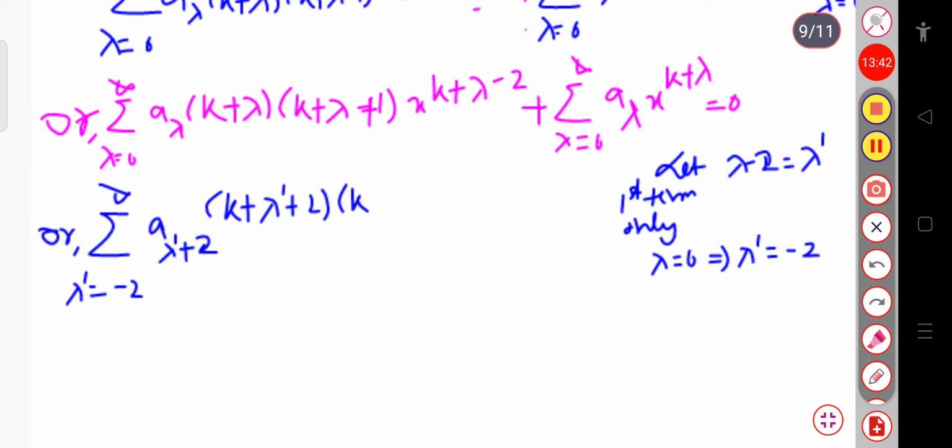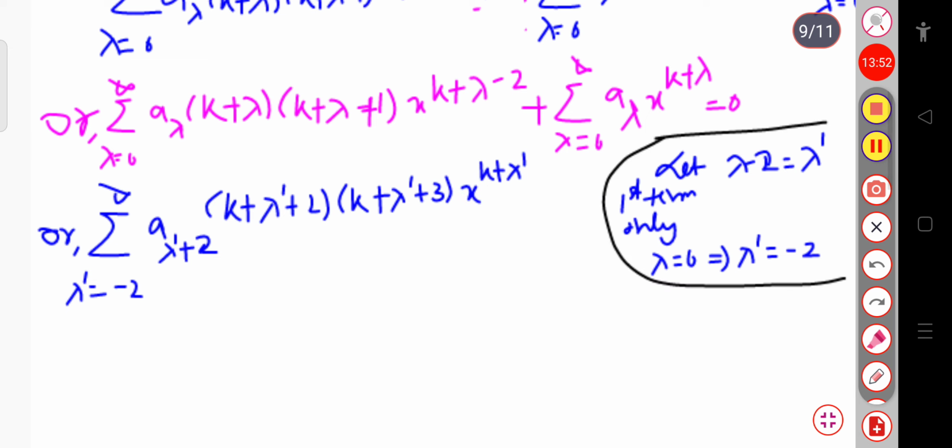This is k plus lambda prime plus 2 into k plus lambda prime plus 3 into x power k plus lambda prime. The last term, sum over lambda 0 to infinite a lambda x power k plus lambda, equal to 0, remains as it is.